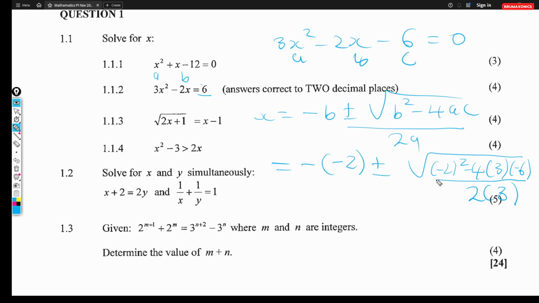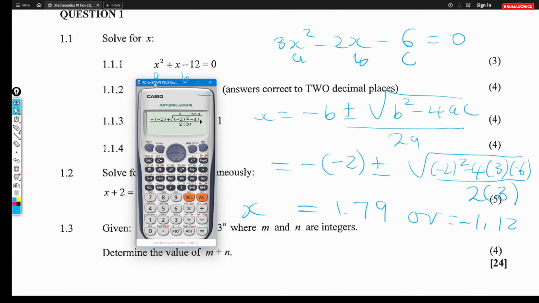So this is actually perfect. When you punch it on the calculator, the answer will give you 1.79 to two decimal places, and the other one will be 1.12 as they are giving them to two decimal places.